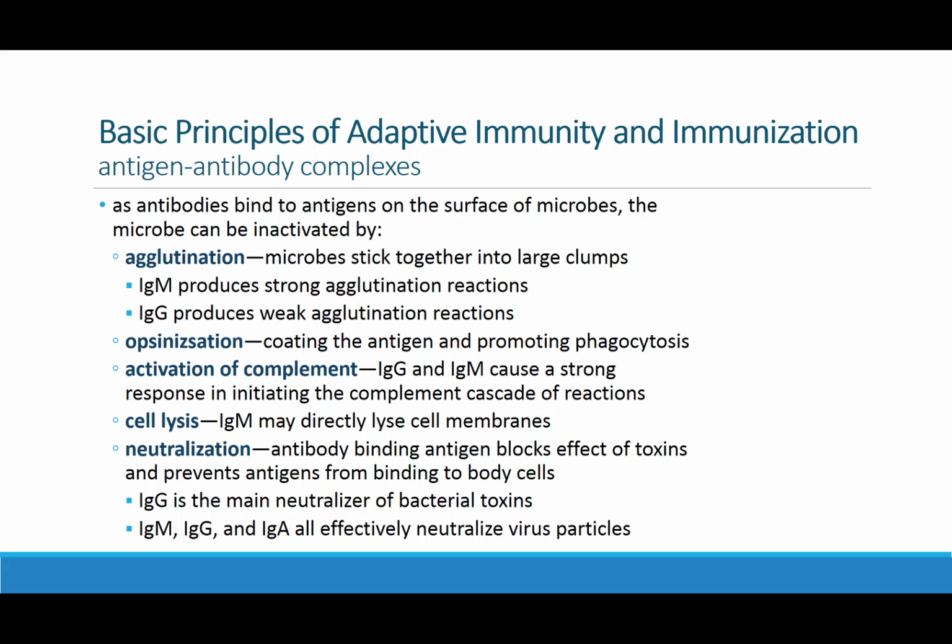With neutralization, when the antibody binds to the antigen, it can block the effect of a toxin or prevent binding by the antigen to any body cells. IgG is the main neutralizer of bacterial toxins, and IgM, IgG, and IgA can all neutralize virus particles.